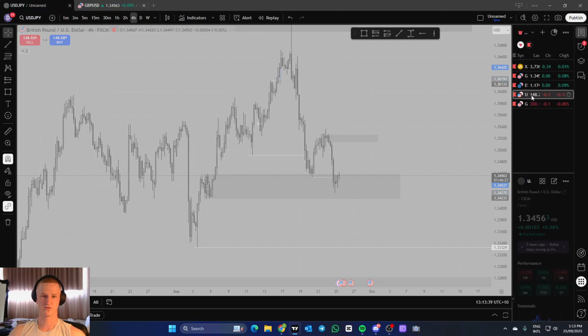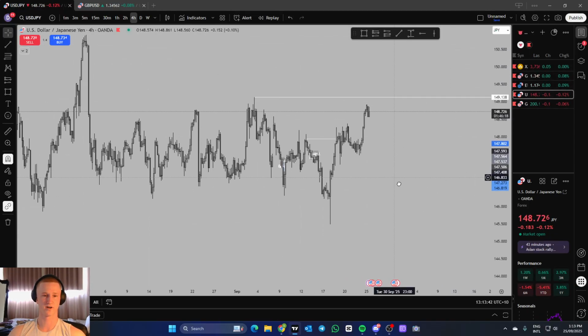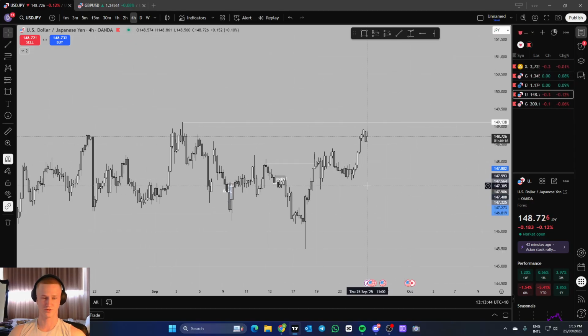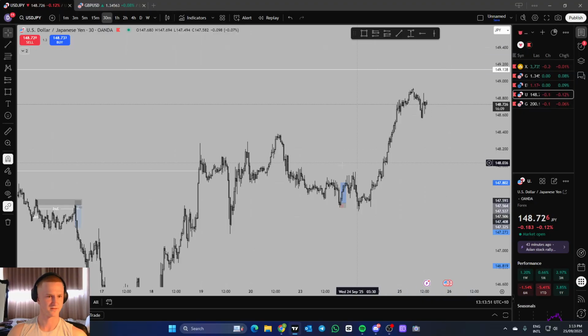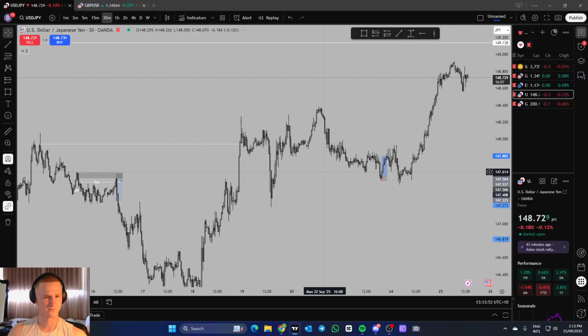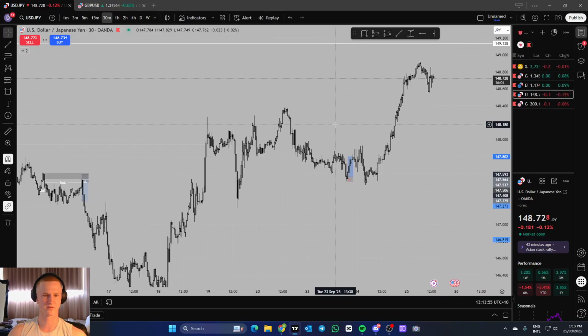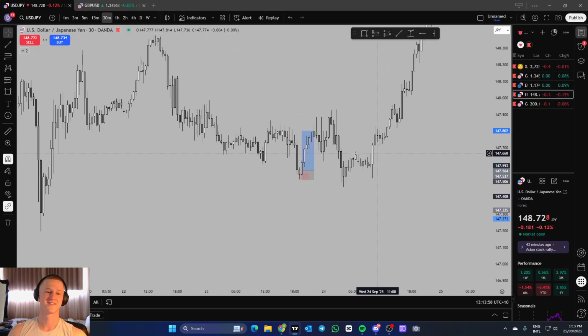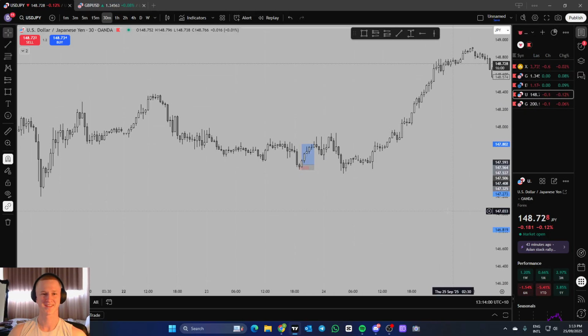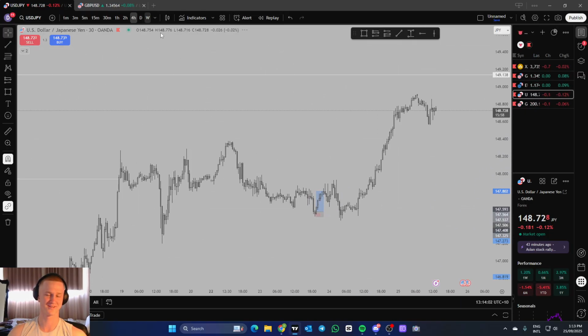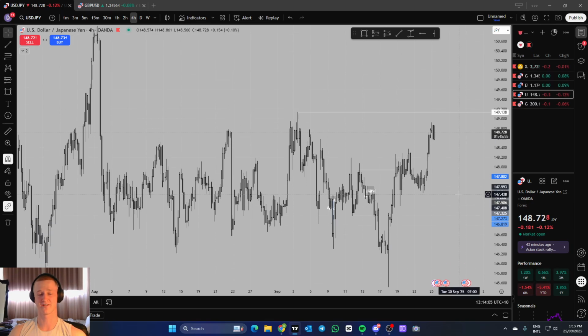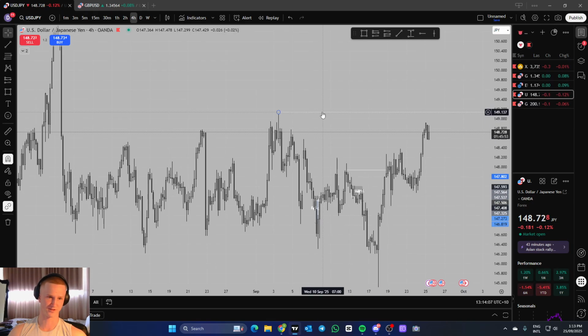Anyways, going into UJ now on the 4-hourly, you can see we are clearly bullish. I was looking for shorts the other day. I think it was maybe this zone, but regardless, these are longs that I missed out on here, as you can see, because I was hoping, I'm still not even hoping, I'm very confident that we should take out these highs before moving to the downside at all.